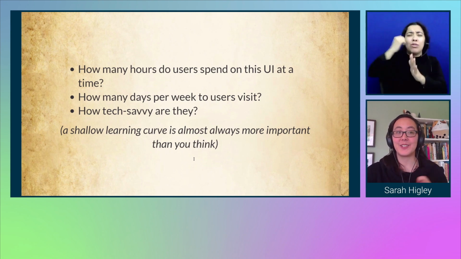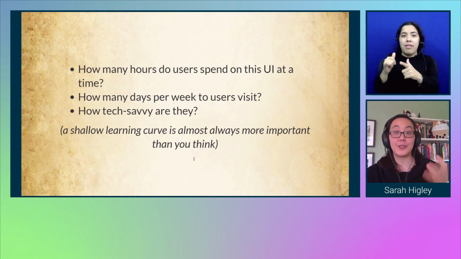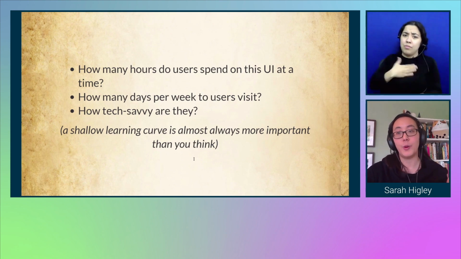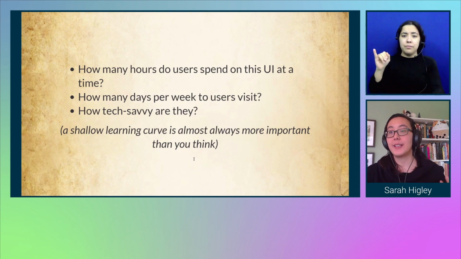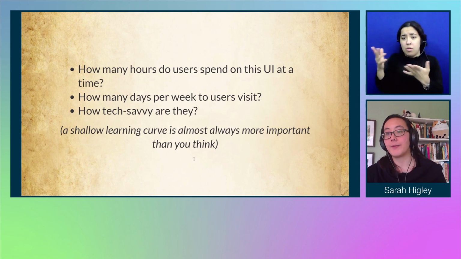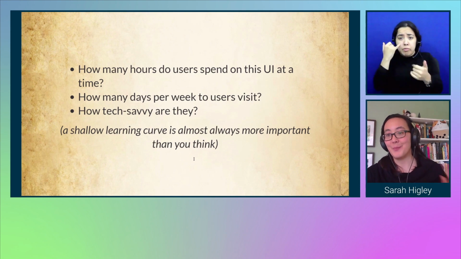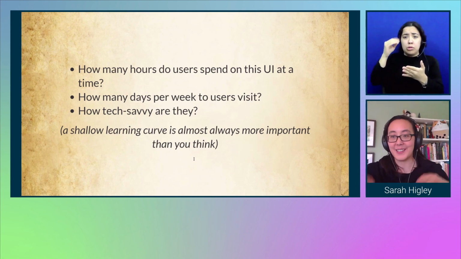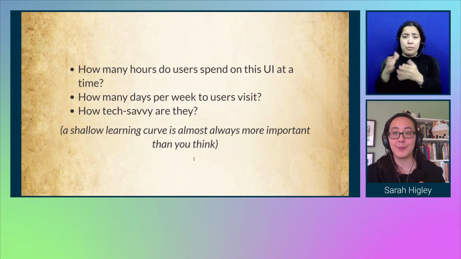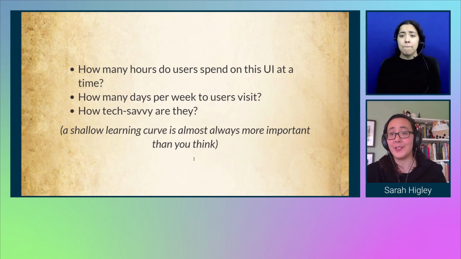Because then efficiency is going to be really, really important, and they're going to be willing to learn a UI. Or are they using it for a couple hours once every other month? In which case someone probably isn't willing to learn some proprietary, custom way of doing things, and something simpler would be better. And also, how tech savvy are the users?